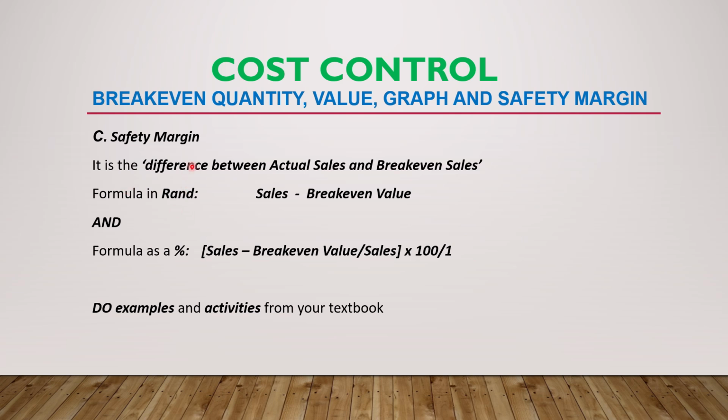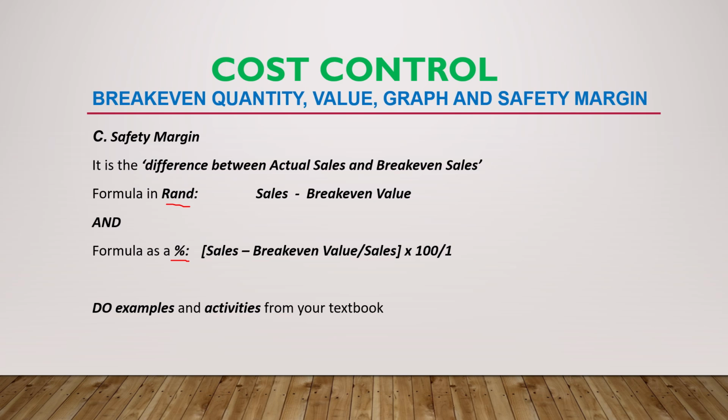There are two formulas to calculate safety margin. It's either the formula to calculate the rand amount or the formula to calculate the percentage. Let's start with the safety margin in rands. What's the formula we use there?